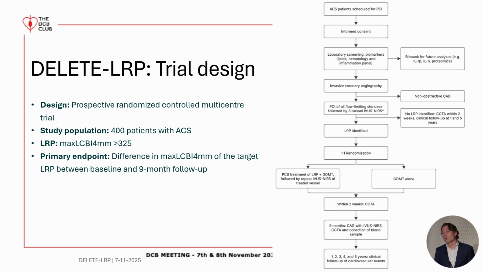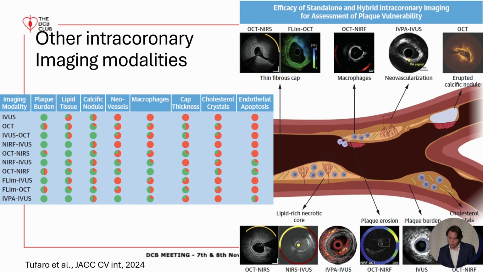For this study, we've also collaborated with Cleerly, who will be using their AI QCT software to also look at the CT characteristics of the plaques immediately after the procedure and at the CCTA at follow-up.